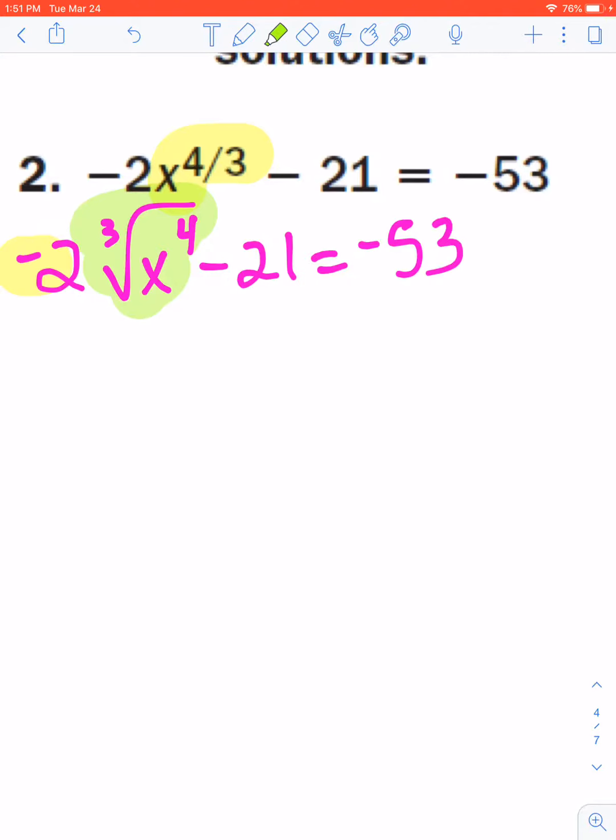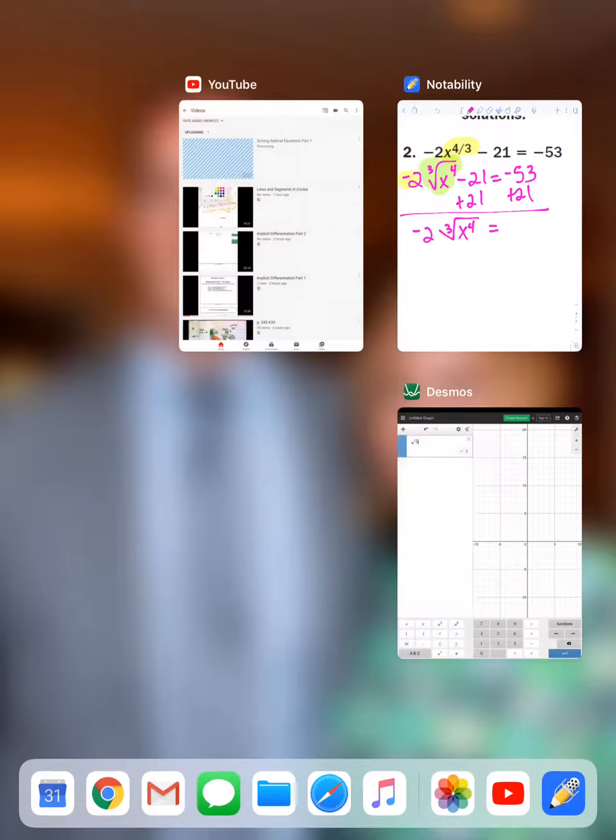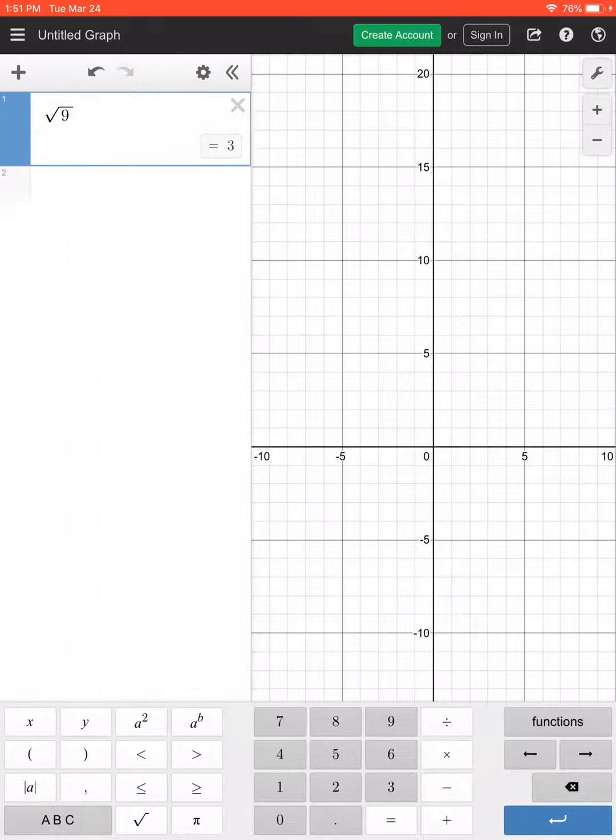So how do we get rid of it? Well, first I'm going to add 21 to both sides. And 53 minus 21 gives me 32.